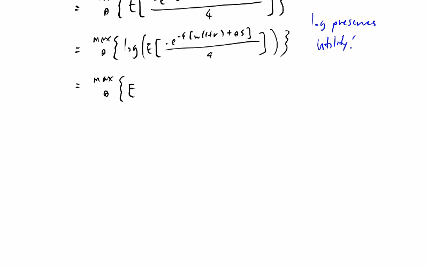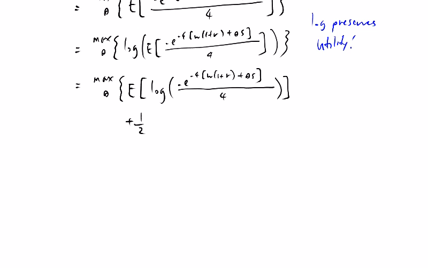So you have the expectation of log of your utility function plus half the variance of the log of your utility function.